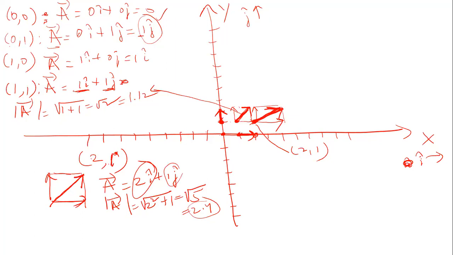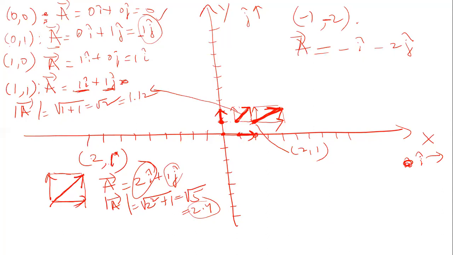Okay. Now, if you consider another vector, making it a little bit more elaborate, minus 1, minus 2, for example. So this will be minus i minus 2j.